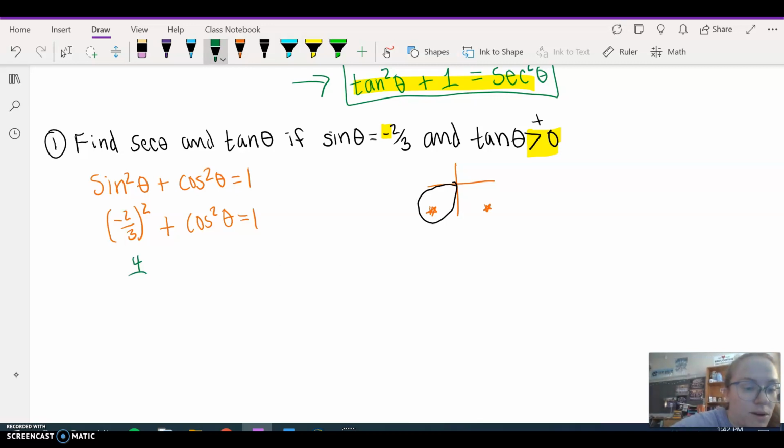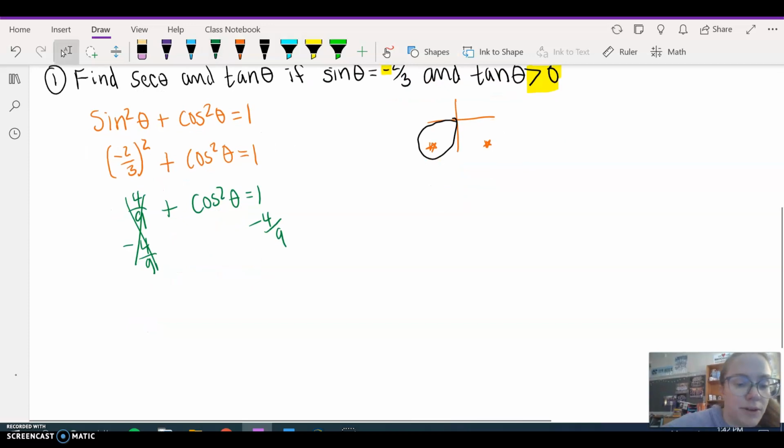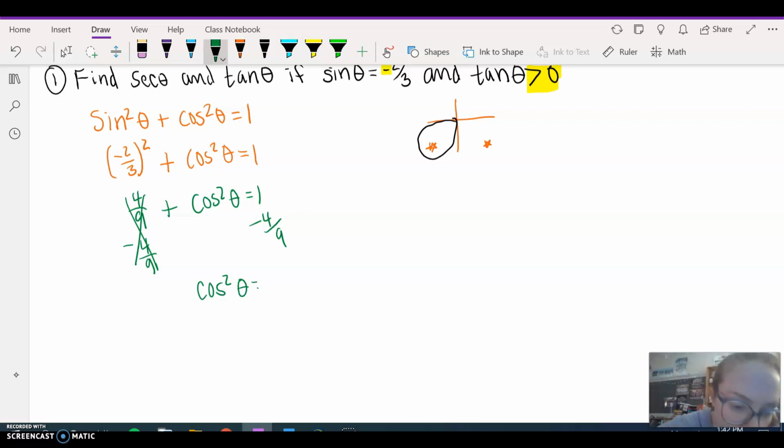So this gives me 4 over 9 plus cosine squared theta equals 1. So then I'm going to subtract 4/9 because I'm solving for cosine. Why am I solving for cosine? I can't find tangent or secant without cosine.